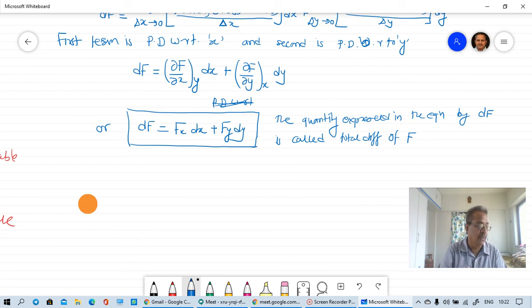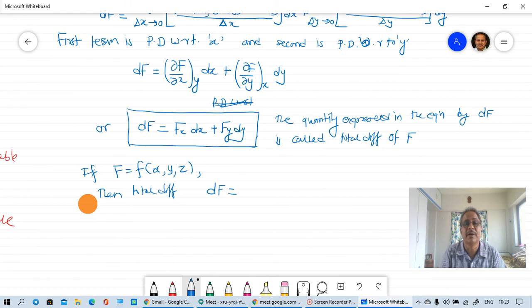Now I am extending this. We can very easily write this. If function f is a function of x, y and z, three independent variables, then the total differential df can be written as, can anyone guess how we go about this?